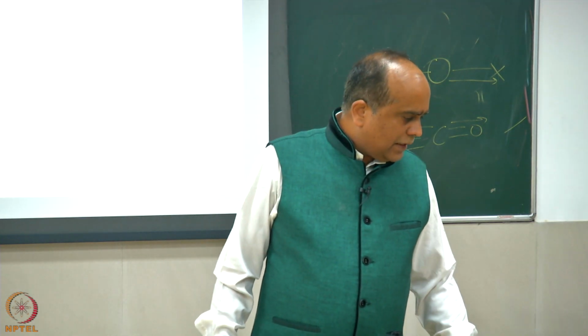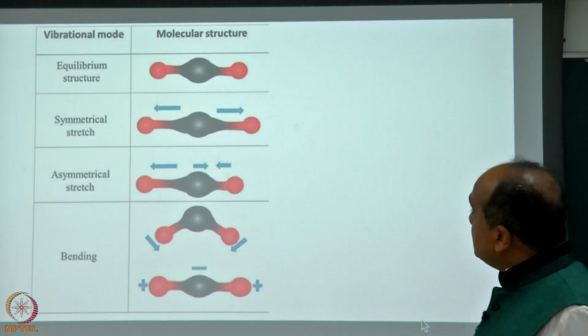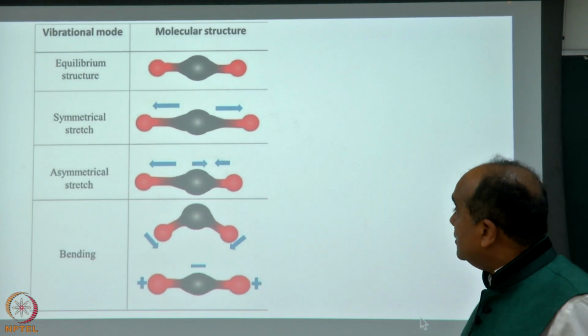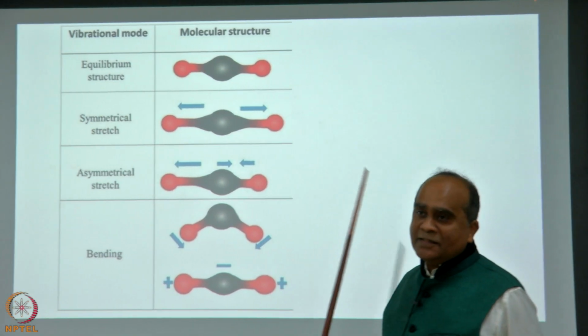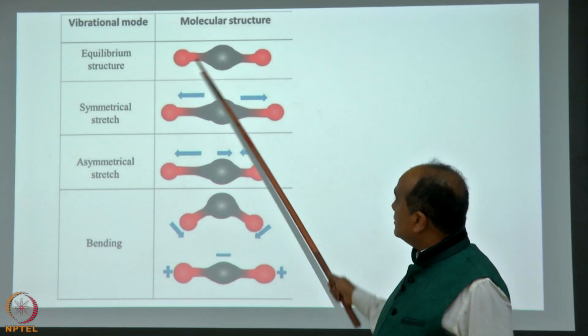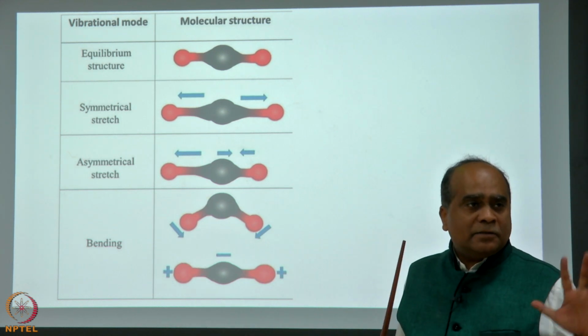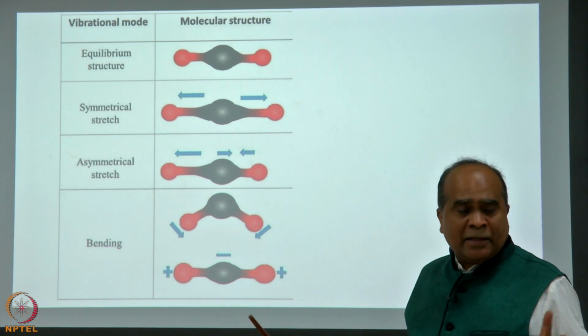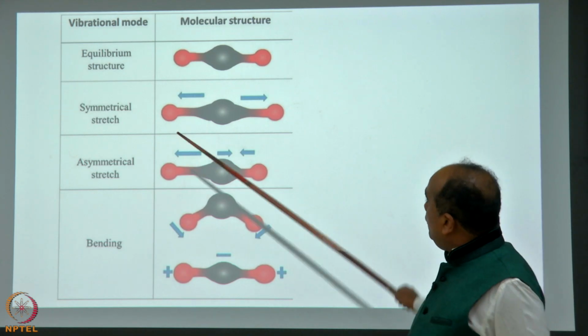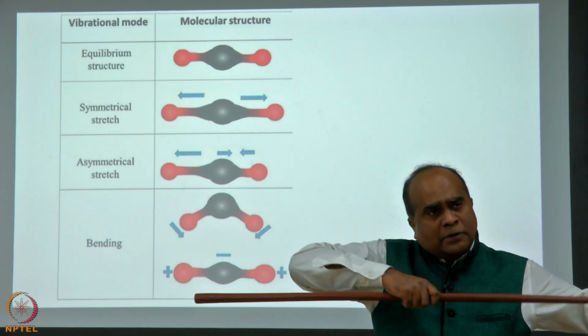What are those 4 and 3? Let us look at this. This is the equilibrium structure of your molecule. What could this molecule be? Can you sense it? CO2: carbon, oxygen, oxygen. How many modes have we calculated for this? 4, from 3n minus 5. One is symmetric stretching, where both are pulled symmetrically.